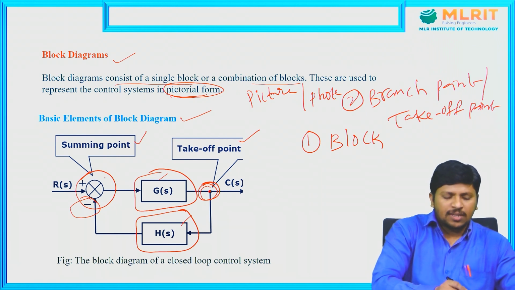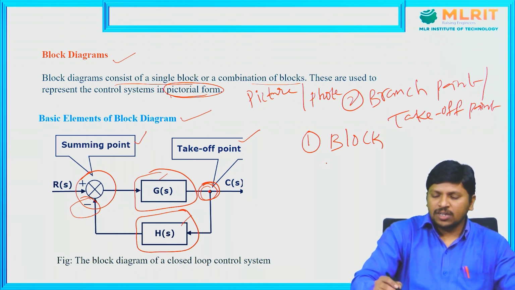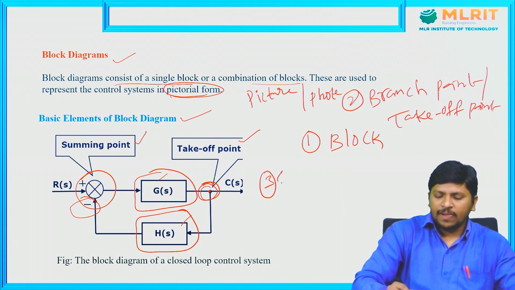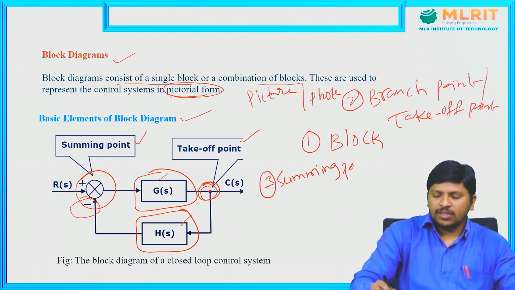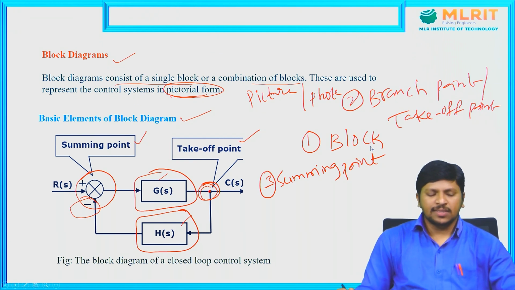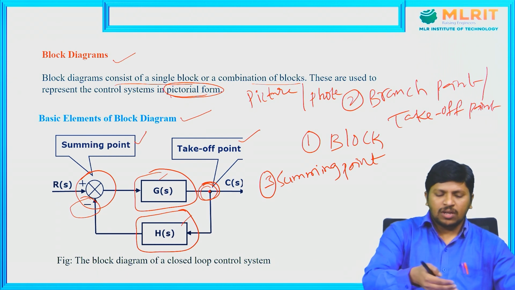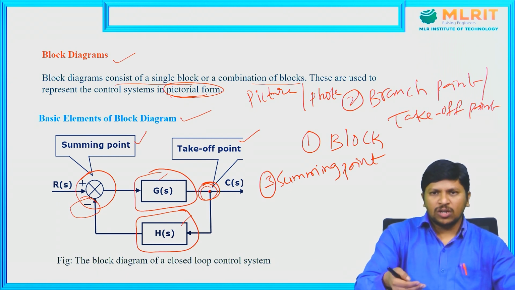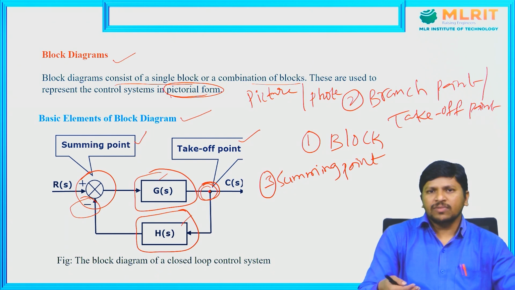This is the symbol of the summing point. These three are the main basic elements available in any block diagram. Next, one by one, we are going to learn what the take-off point is, where we use it, and the block and the summing point. All these we are now going to learn.